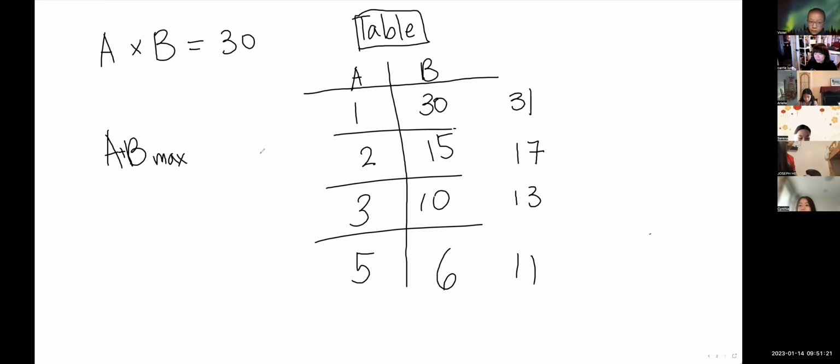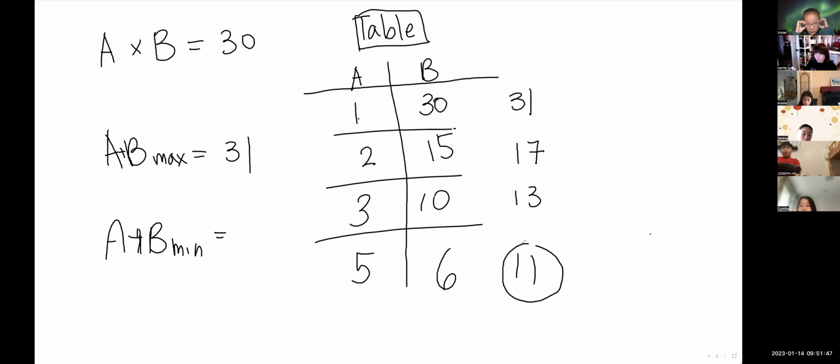But now, if we know two numbers multiplied together and we want to make their sum bigger, we need to put the two numbers what? Apart. Right? You see the difference between these two numbers is the largest, so the maximum is 31. And what about the minimum of A plus B? Serena? It is 5 plus 6, which is 11. Very good. Everybody understand? Violet, do you understand?